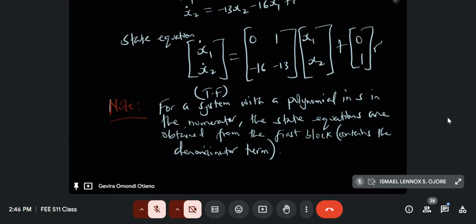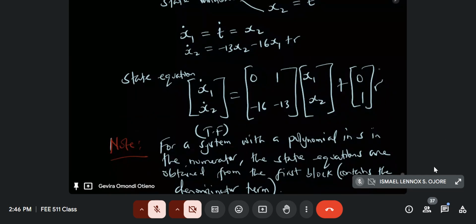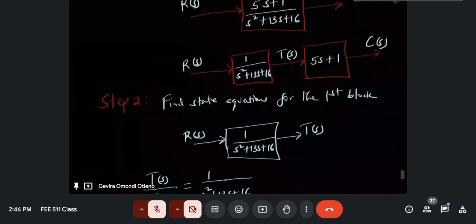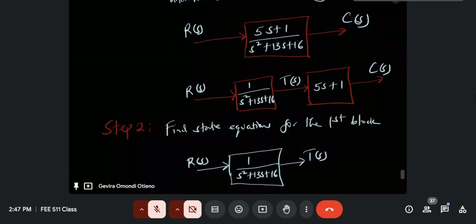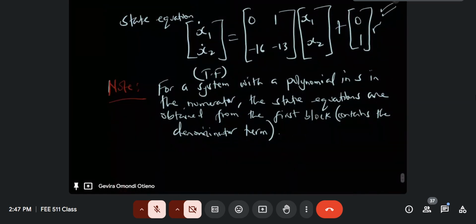So that's why the state equations for our system is this. And how did we get it? From the denominator term, which is the first block. That's how we obtain it. Then the output equation is obtained from the second block. So let me continue.